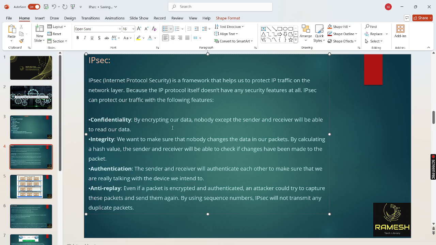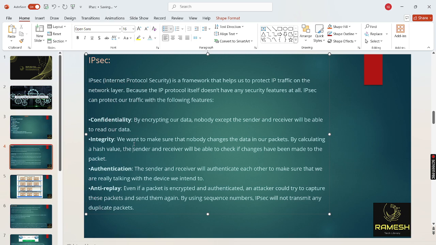Okay, and the second feature is integrity. How will integrity be achieved? By hashing the data. Hashing the data means if anyone sitting on the internet tries to access it, they may access it, but they won't be able to change the data.